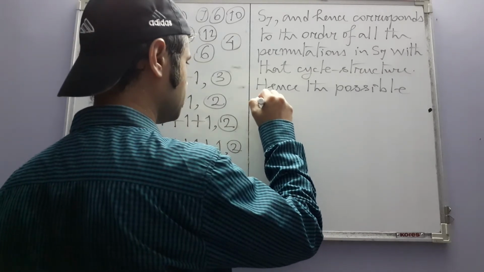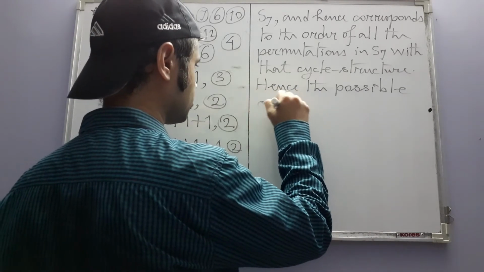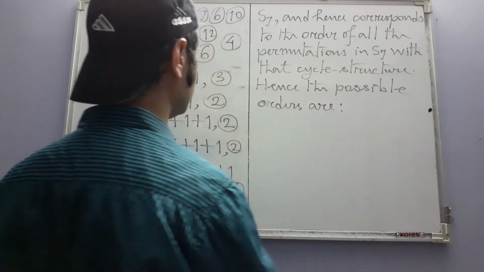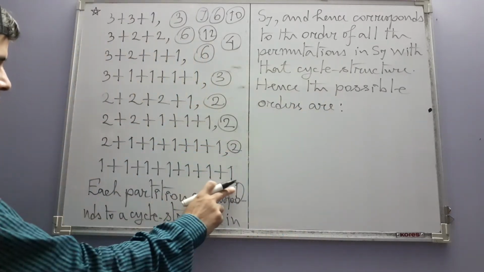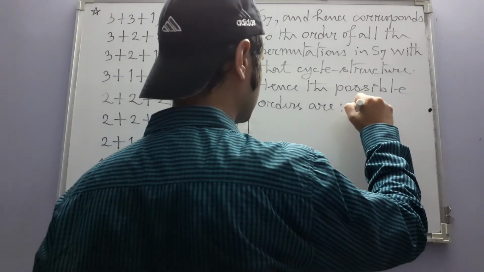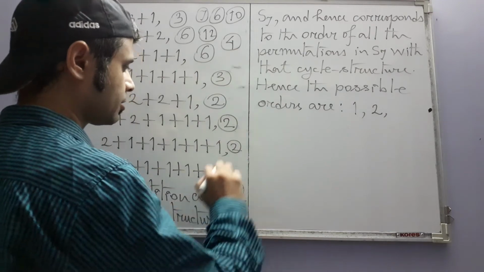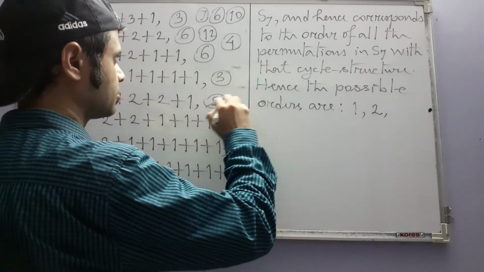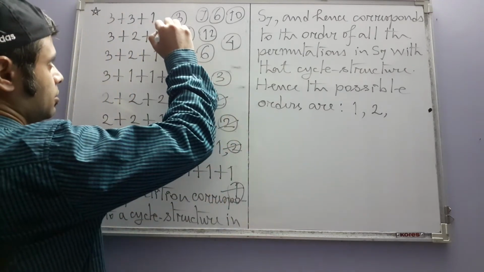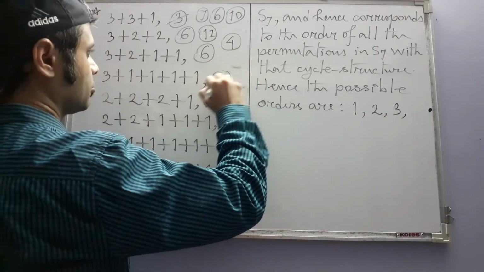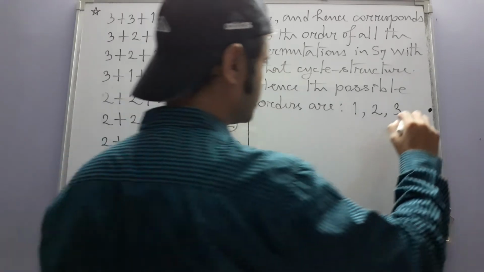Hence the possible orders are these: 1, then 2. Let us also strike these things out. Then we also have 3, then 4 is there.